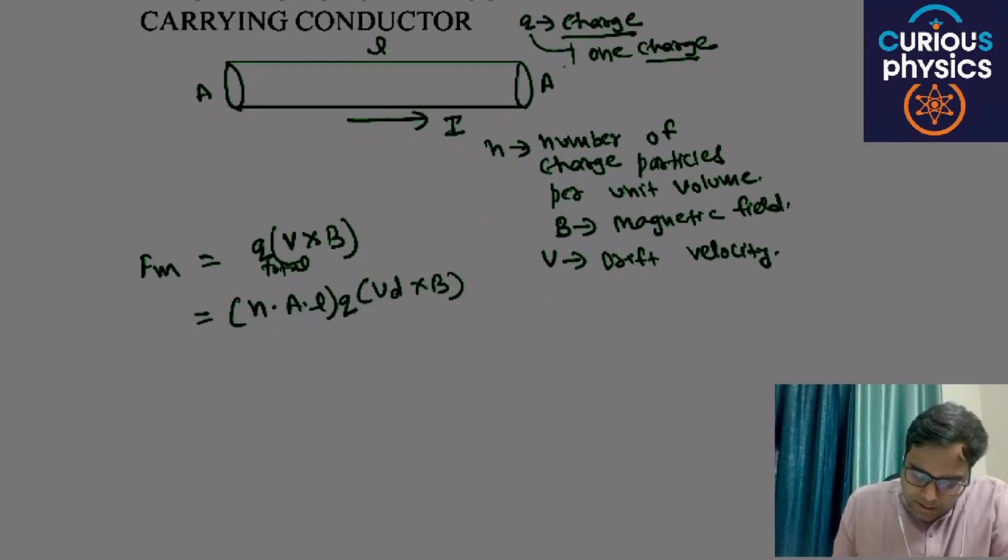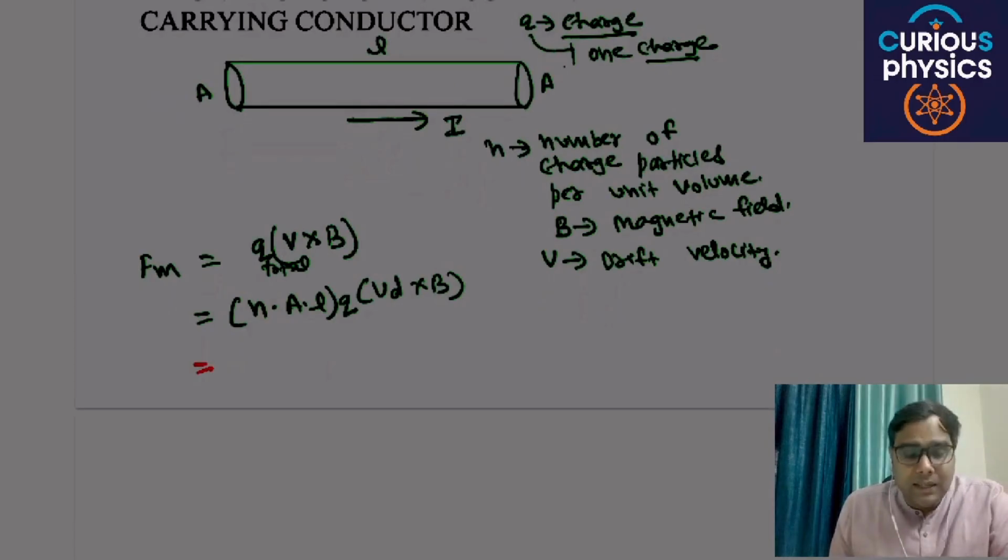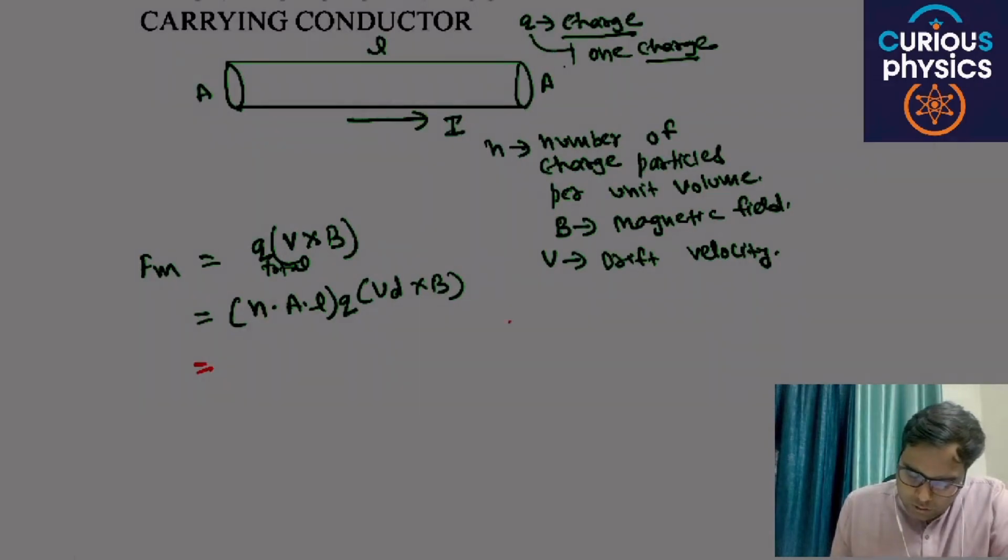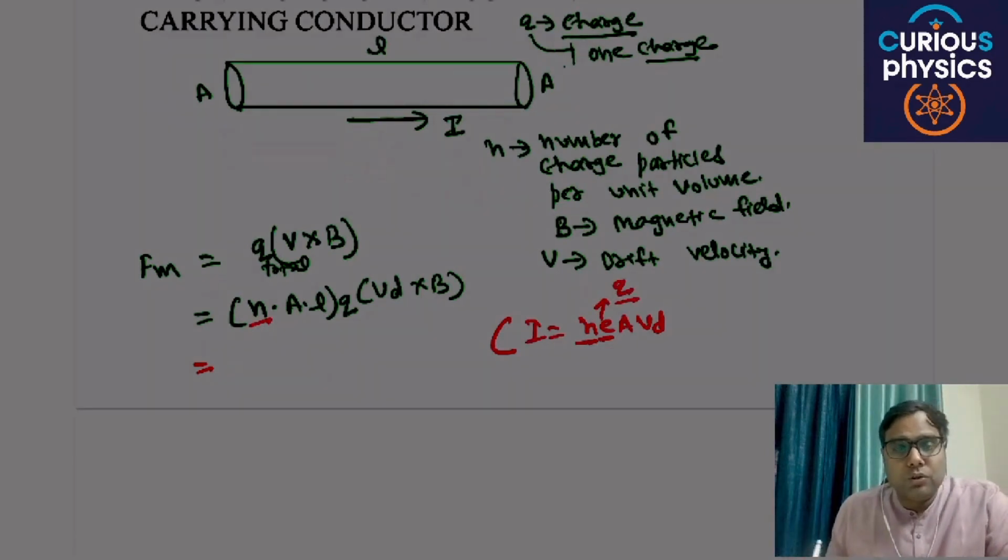Then you know that I is equal to n q A Vd. Here n is this particular n and q is the charge moving through this conductor.